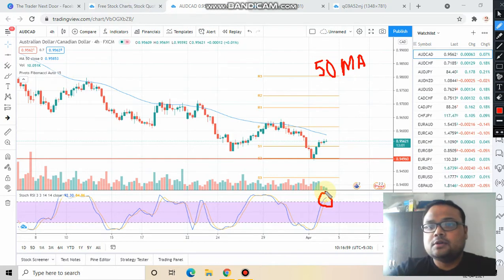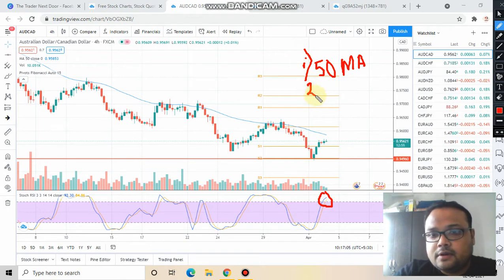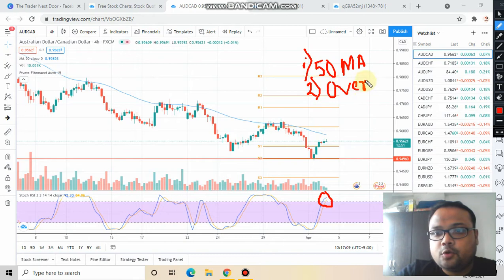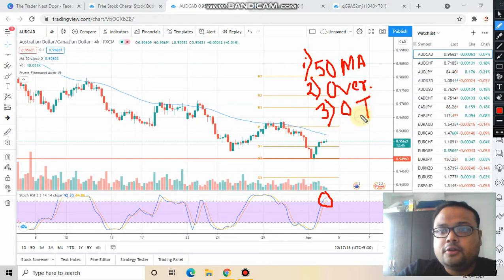So if we combine the resistance from the 50 moving average, the overbought zone, and the overall trend of the market, then what should we do? The answer is simple.